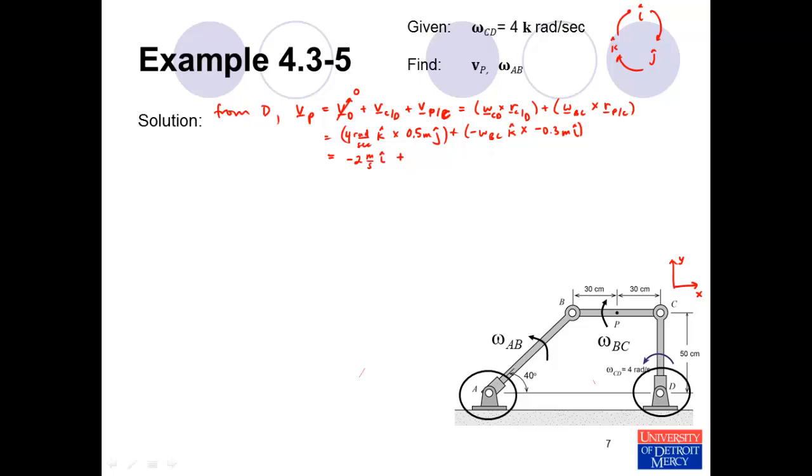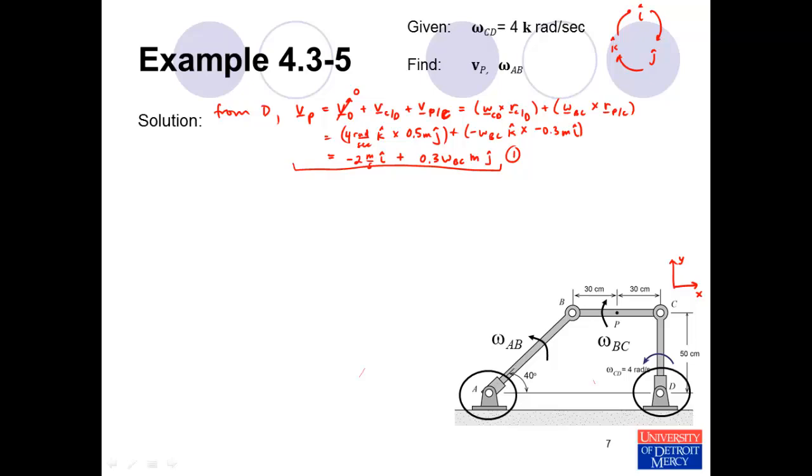And then for the other cross product, I have negative omega BC cross negative 0.3. So a negative and a negative becomes positive. k cross i results in a positive j. And so this is our first expression for the velocity of point P.